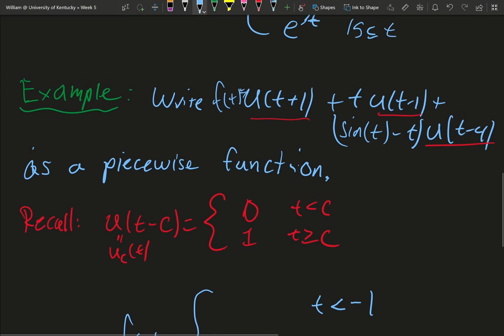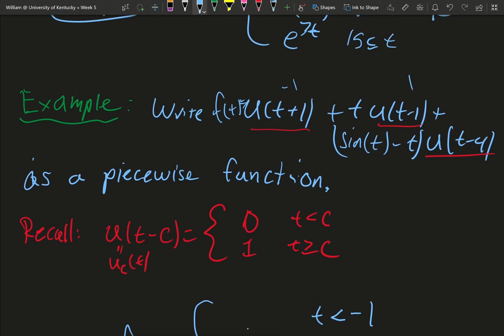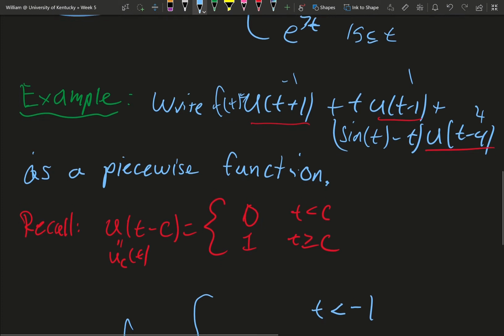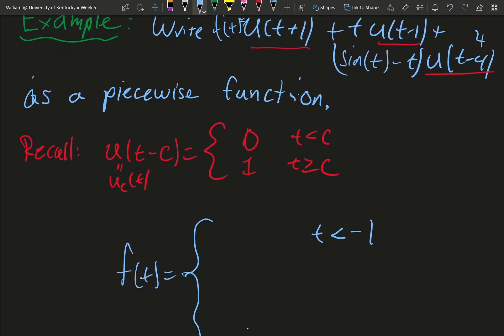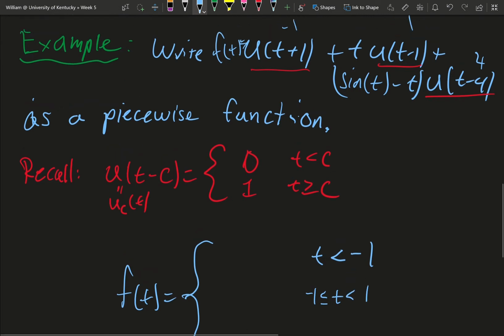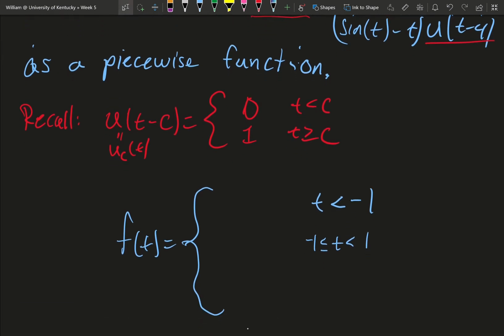We're then going to have one definition if we're in between -1 and 1. Another one if we're in between 1 and 4. And finally, if t is greater than or equal to 4.